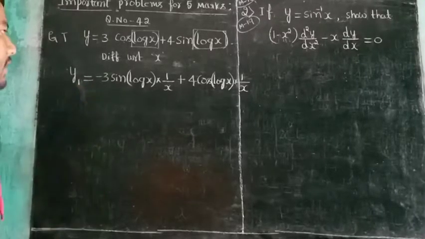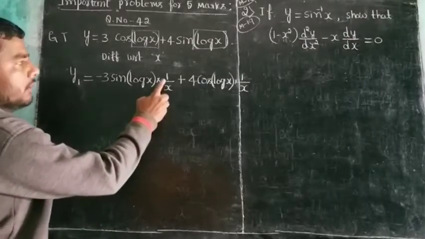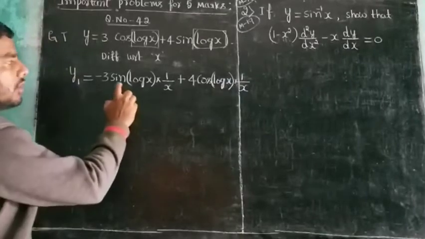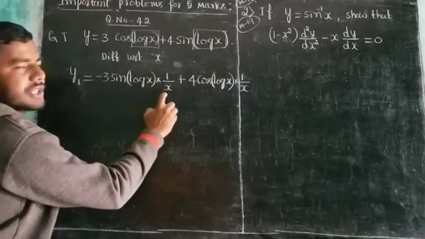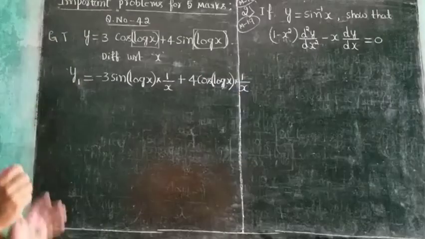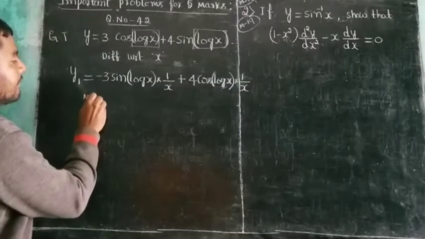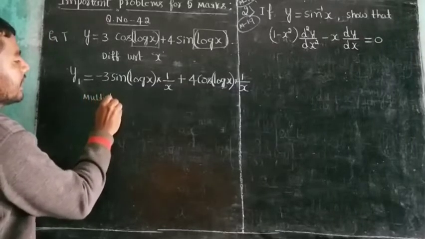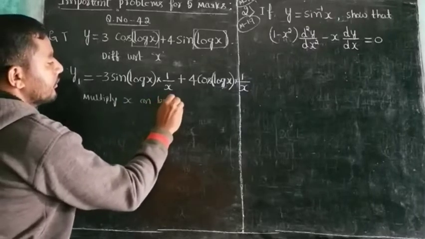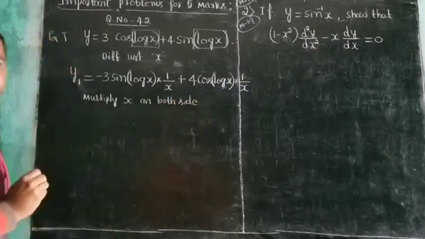Next, observe carefully. In the denominator we have 1 by x in the first term and also in the second term. For simplification, multiply x on both sides.